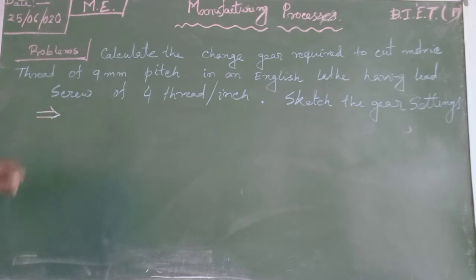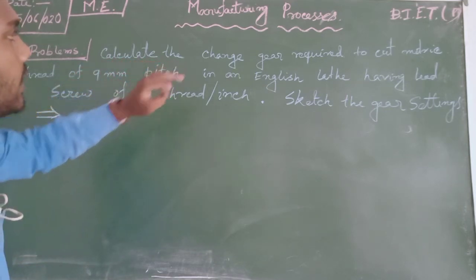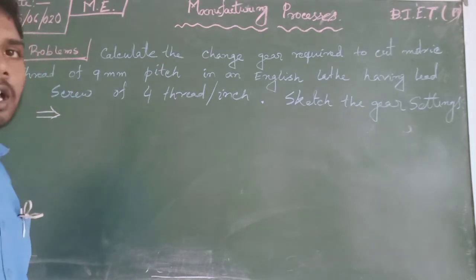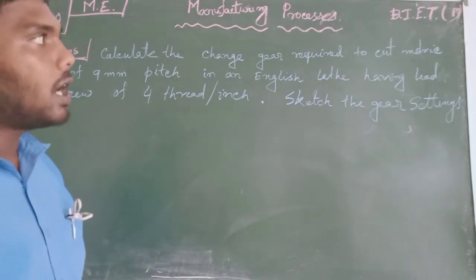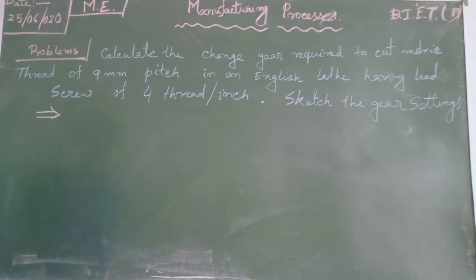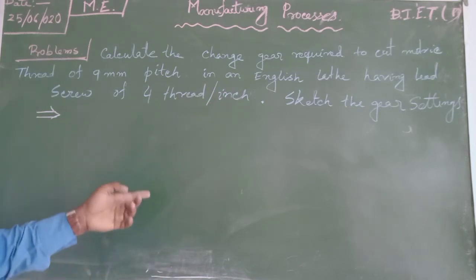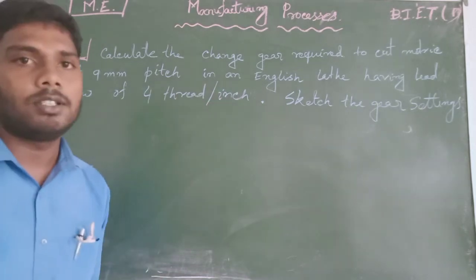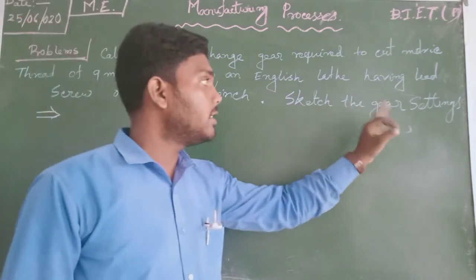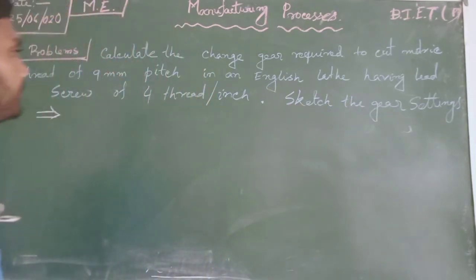This is our problem: calculate the change gear required to cut a metric thread of 9 millimeter pitch in an English lathe having a lead screw of 4 threads per inch, and also sketch the gear setting.